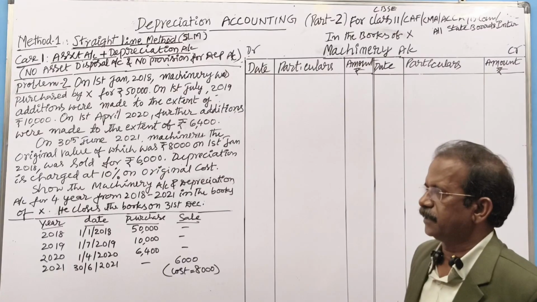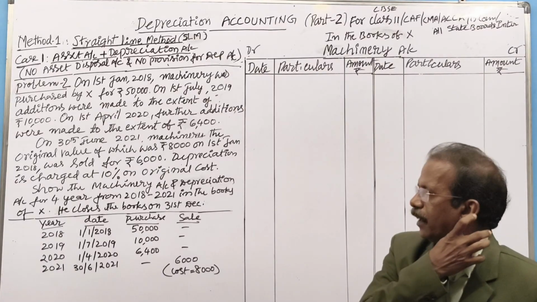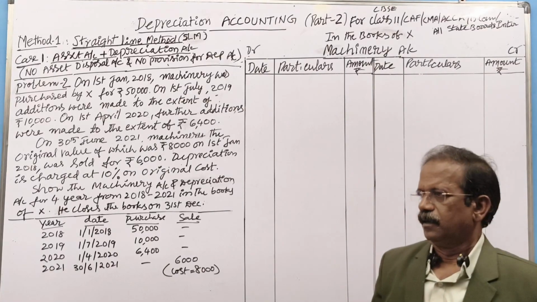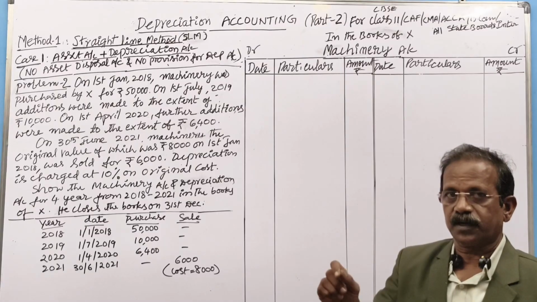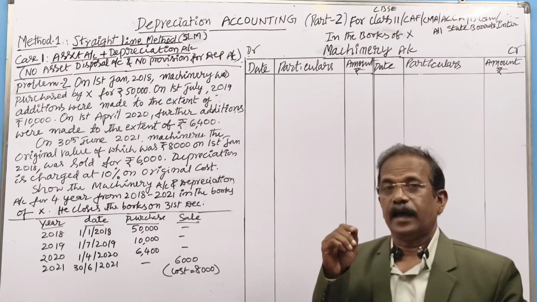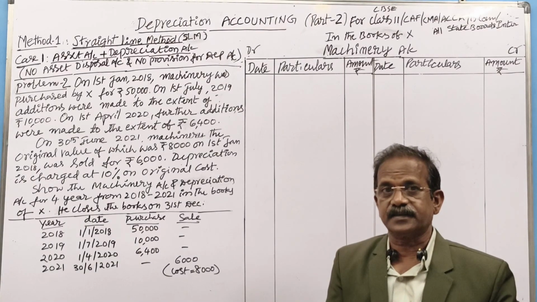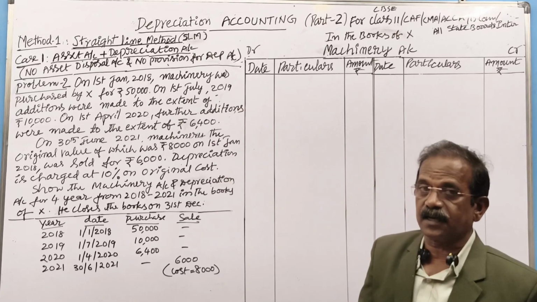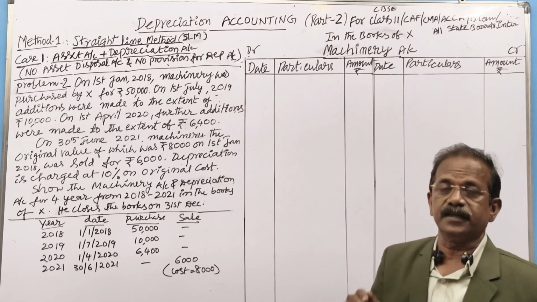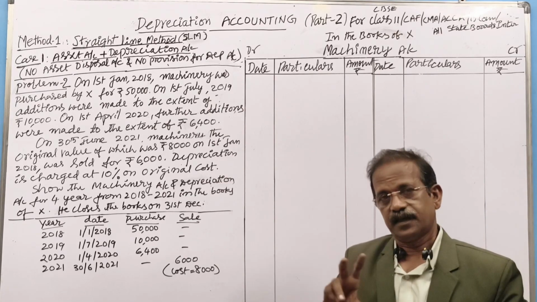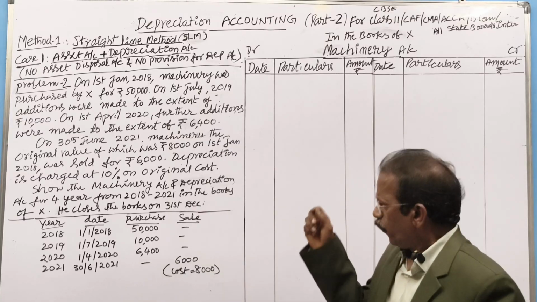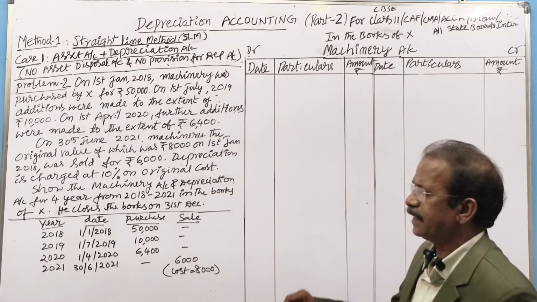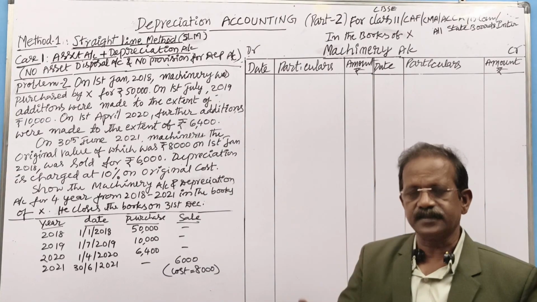See here, according to modern approach accounting procedure, modern approach rules, in case of assets, increase of assets are debited, decrease of assets are credited. That is the rule. When you purchase an asset, your assets are increasing.